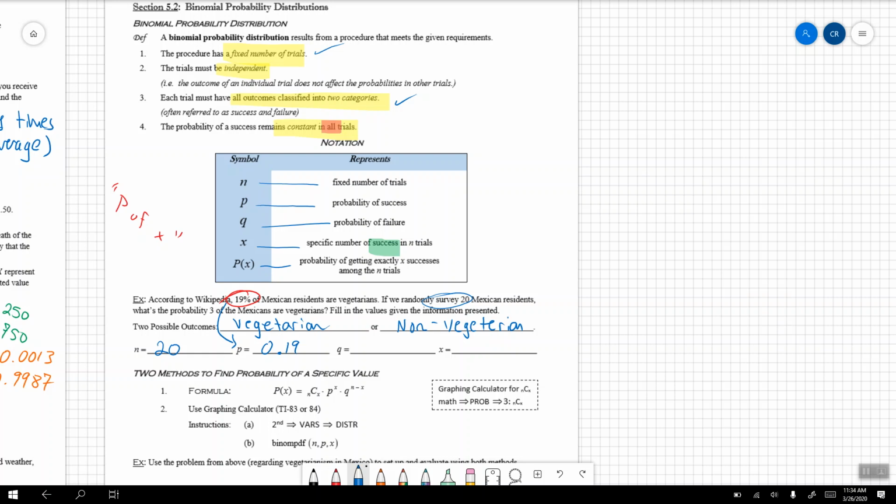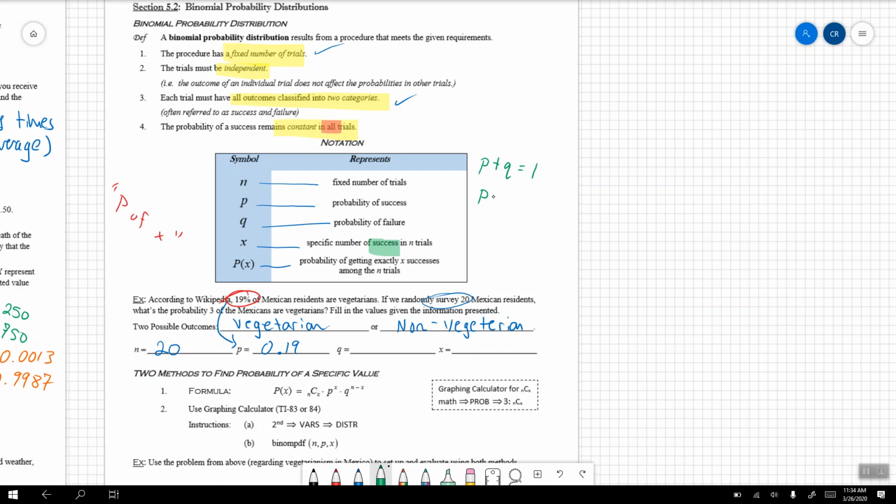Now, probability of failure. This means that we are looking at some sort of complement. When we're looking at complements here, we have the case that P plus Q is equal to 1.